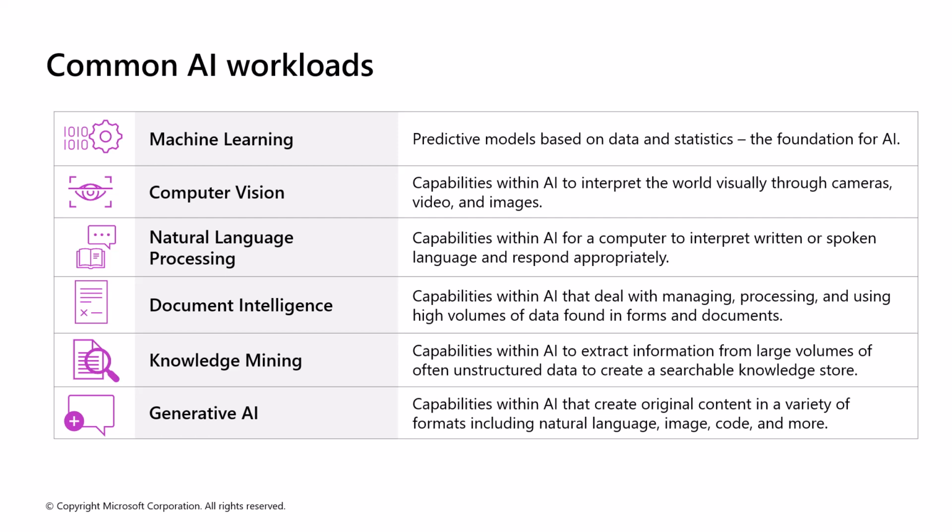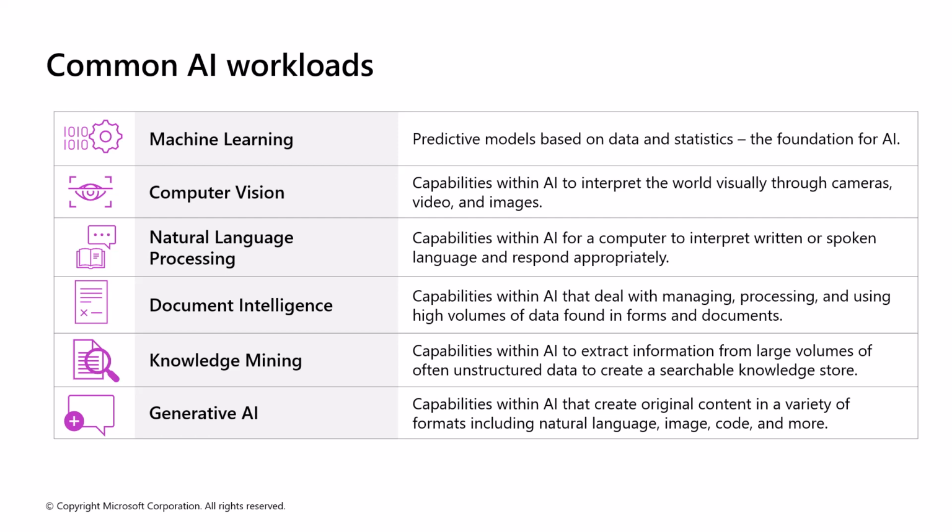So the next one is natural language processing. Let's talk a bit more about it just to understand how it works. Natural language processing, which we call NLP, is an area of AI that deals with creating software that understands written and spoken language. NLP enables you to create software that can do any of the following.